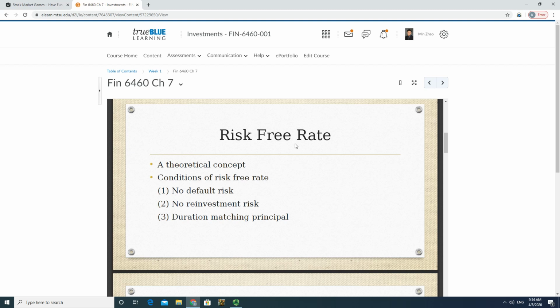In this case, our goal is to find a proxy for the risk-free rate, and from a professional's perspective, we will have multiple proxies based on different perspectives.